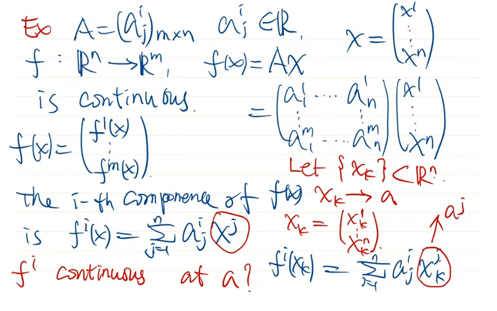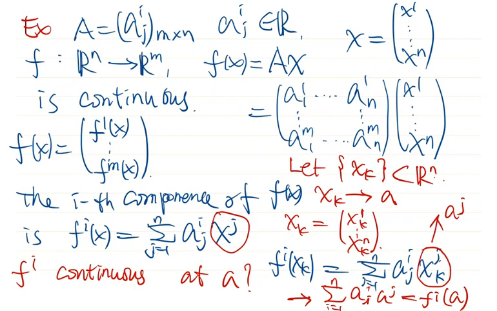So by the property of convergent sequences of real numbers, this will converge to the sum of a_ij aj, which is exactly fi(A).